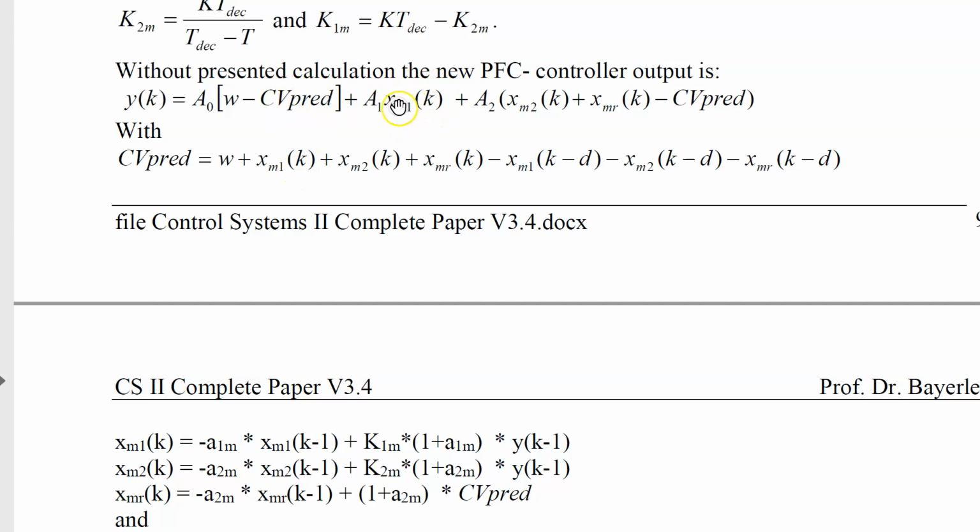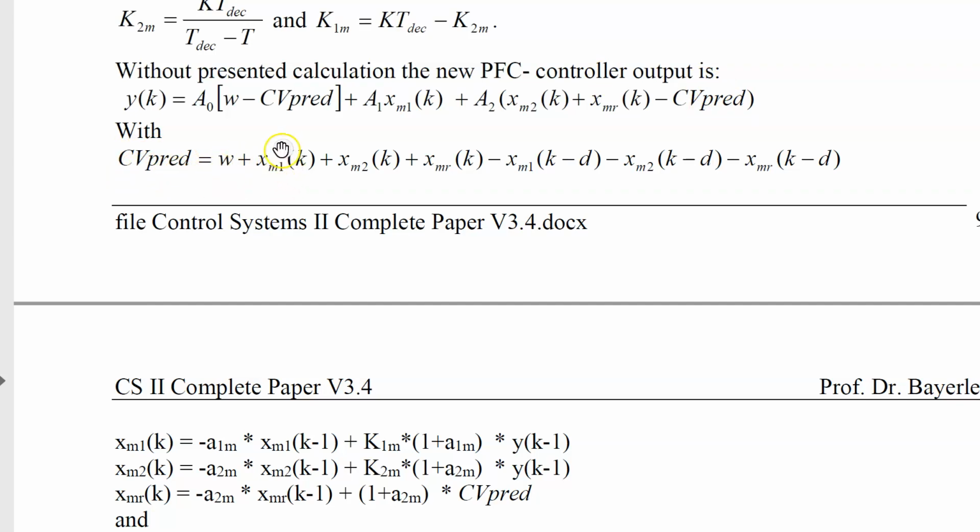Here this is the model output of my PT1 number 1. This is the model output of the PT1 number 2. This is the model output of the PT1 in the feedback loop. And again, this is the CV predicted value we have here. Okay, how can we calculate the CV predicted?